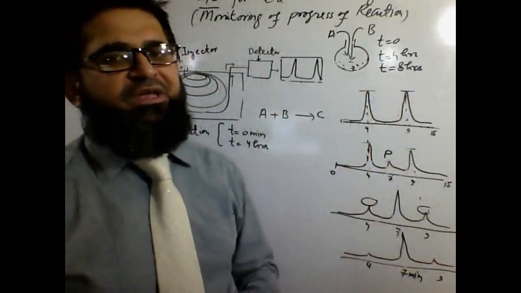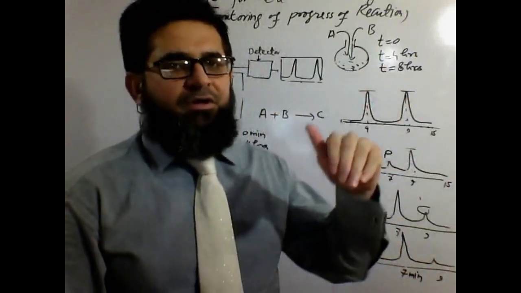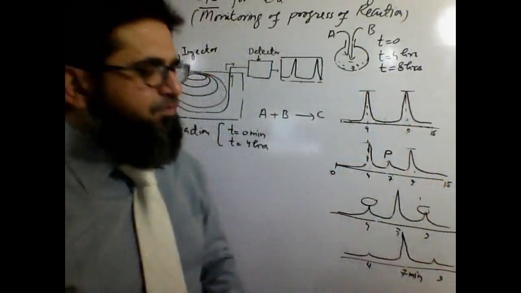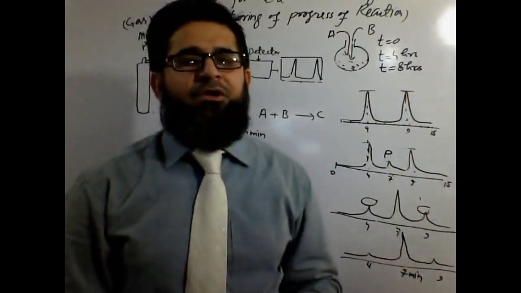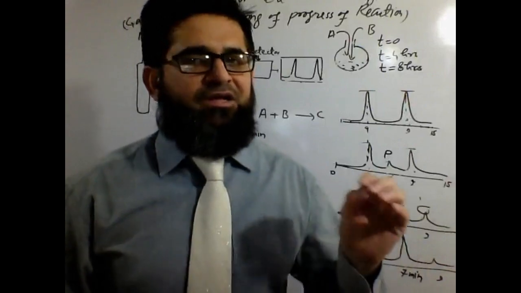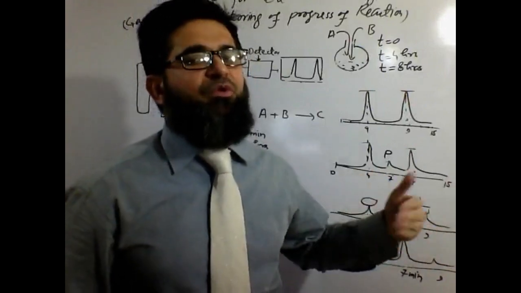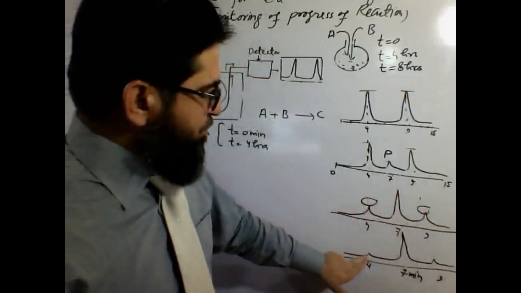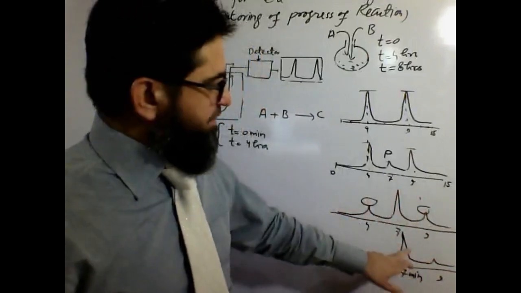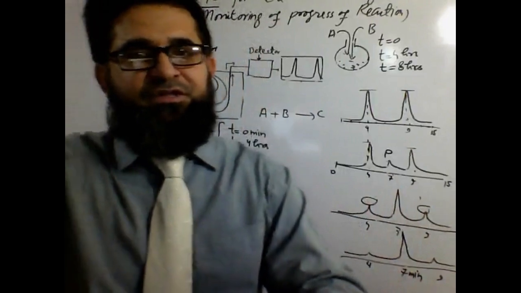So we can get the information that the reaction is about to complete. Now we can let the reaction run for a few more minutes, like 30 minutes or 1 hour. Then both of the reactant peaks will disappear, and only the product peak will be there.